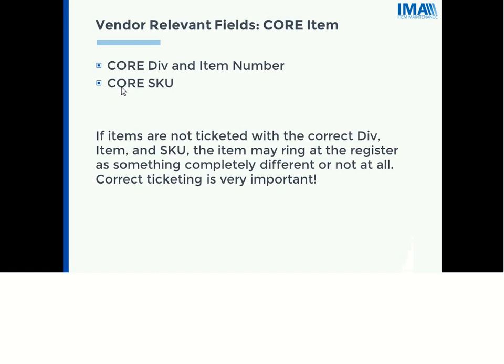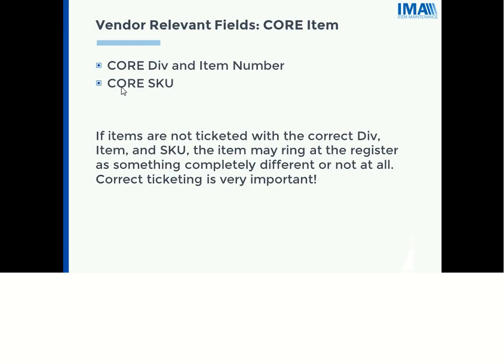So for the vendor, the core item does not get created until the merchant role. So you don't actually do anything on the core item. However, the core div and item number, and if it's SKUed, the core SKU, is something that you need to know for your items with ticketing.